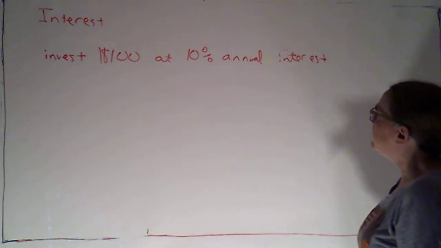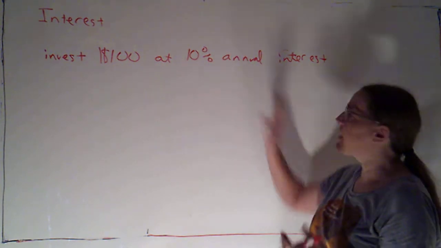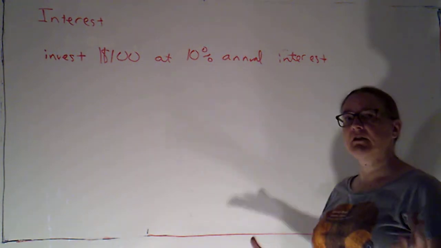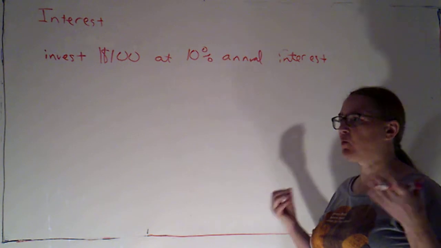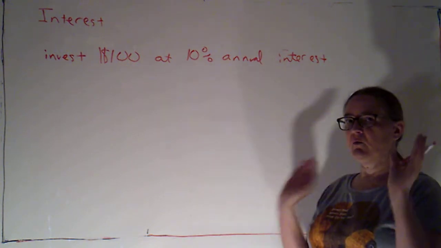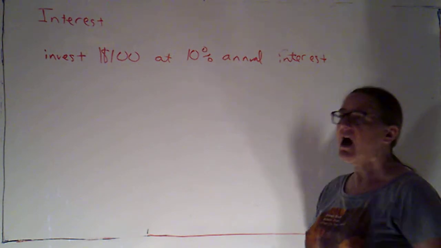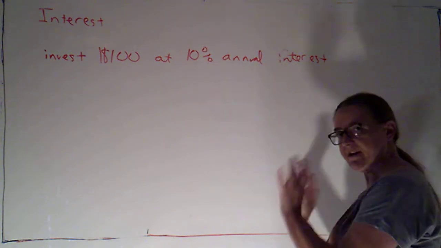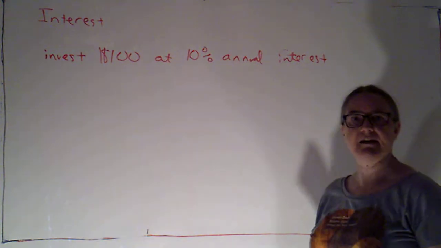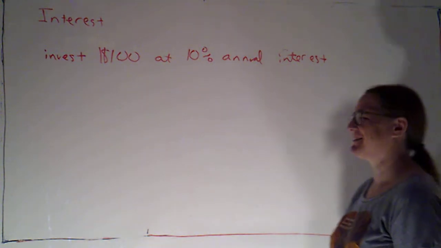Okay? So let's go with a simple case of compound interest where we calculate the interest, we compound it just once a year. At the end of the year, based on what you had at the beginning of the year, we give you 10% of that. Okay, again, that's a little bit contrived, but we're just trying to understand the basic logistics, and then we'll get into some more realistic situations.